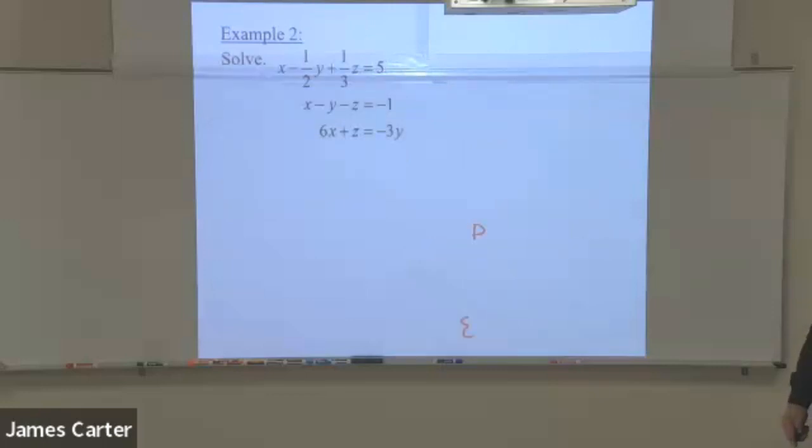Okay, here's another problem. We've got a little bit of arithmetic to do on this one to clean it up. First thing I'd probably do is multiply all 4 of these terms by 6 to get rid of those 2 fractions.